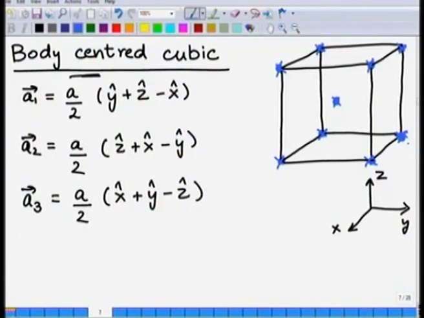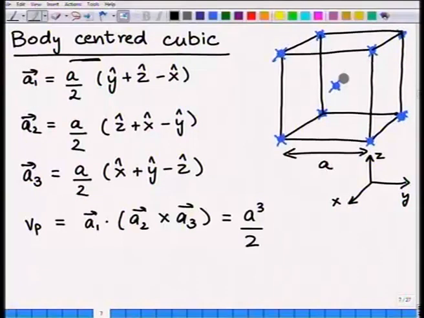Now, in order to draw these primitive lattice vectors, let us take the origin right at the center, right here, using this lattice point as the origin, and with respect to this origin, let us draw all these lattice vectors so that they remain within the cube itself.